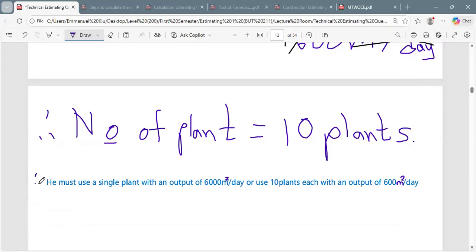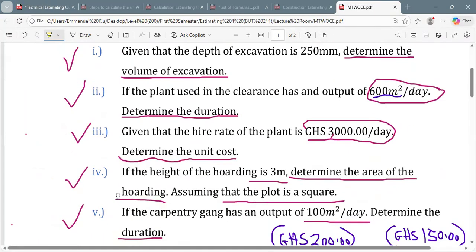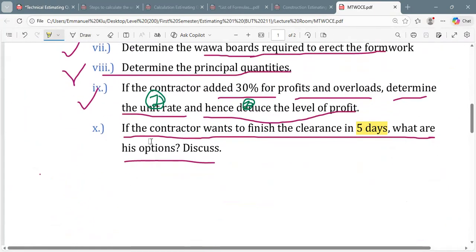So let's say he must use a single plant with an output of 6,000 meters squared per day, or use 10 plants each with an output of 600 meters squared per day. The question was, if the contractor wants to finish the clearance in 5 days, what are his options?